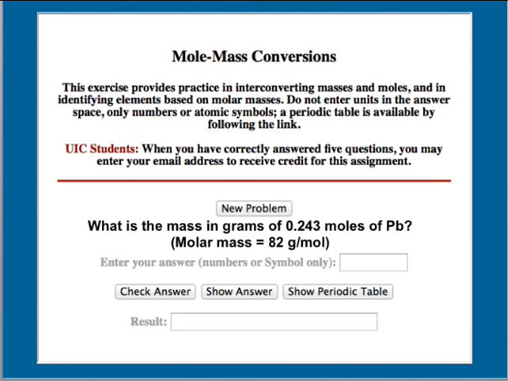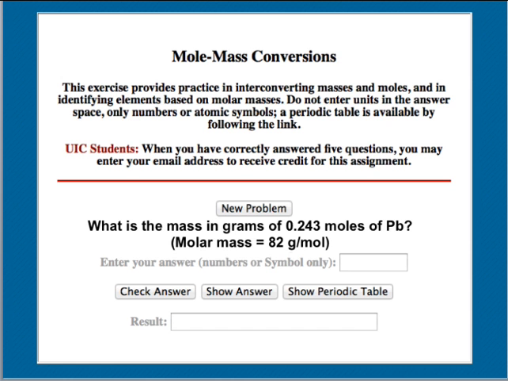Go ahead and do this one. What's the mass of 0.243 moles of lead? Well, we're looking for mass here.